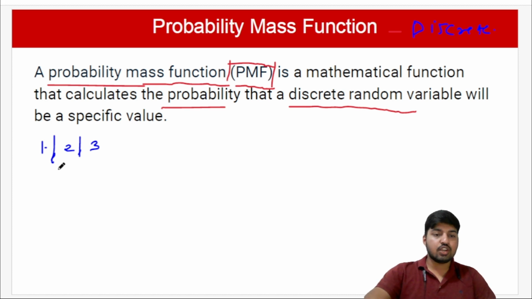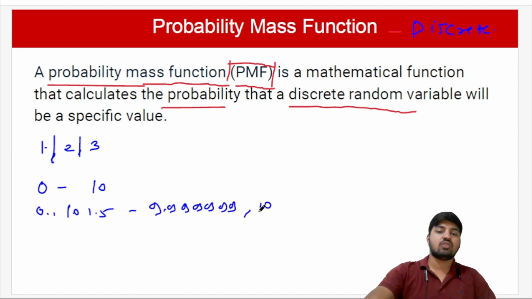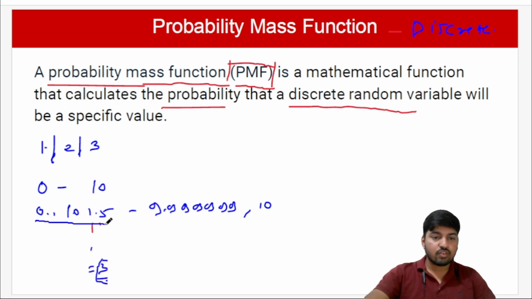But what is continuous? Continuous will have all values from 1 to, suppose, 10. It can have 0.1, 1.0, 1.5, up to 9.9999999, and it can have 10. So this is a continuous variable. It takes the values on the interval, the whole interval of 0 to 10.